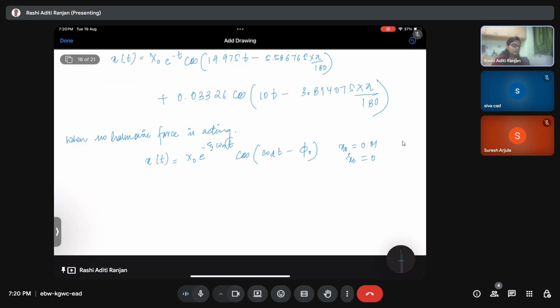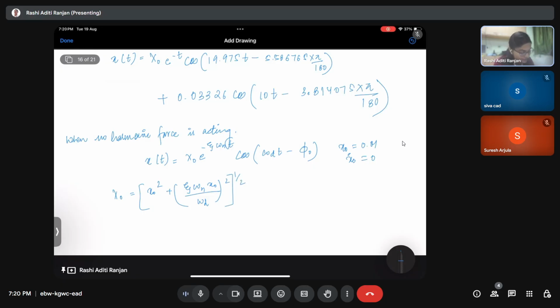So here x naught and phi naught can be written as what? So x naught is x naught square plus eta omega n x naught divided by omega d square, and this whole has a power of 1 by 2.